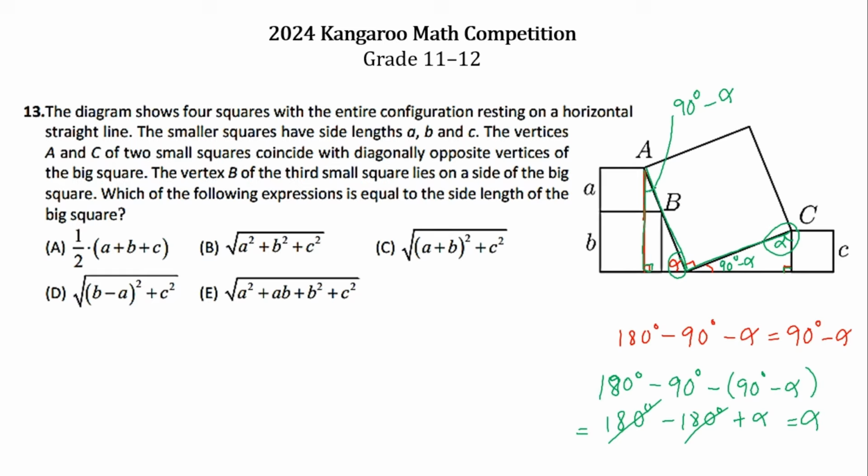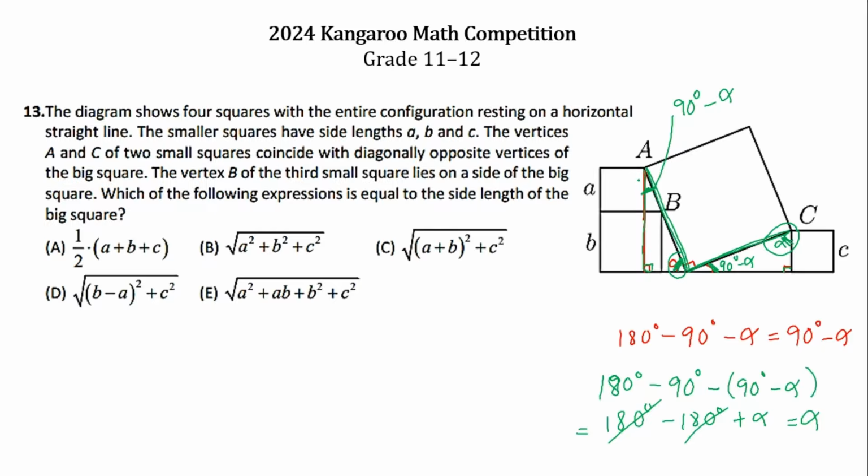Because this angle is equal to this angle is equal to this angle, and the hypotenuse of each right triangle is equal to one another, right? So by ASA, the two triangles are congruent.